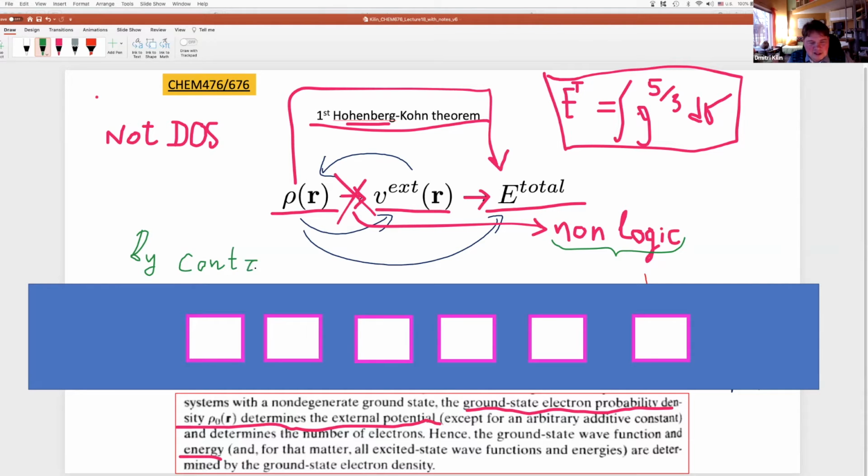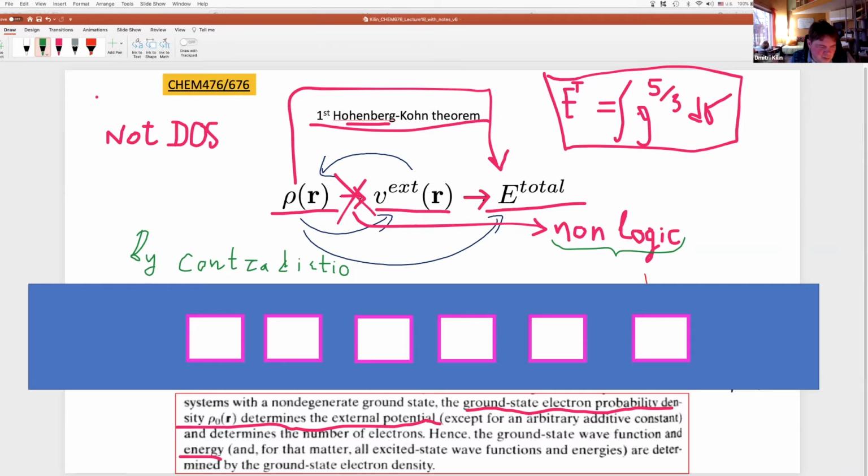But let's take contradiction, and let's find additional synonyms in the language. So: contradiction, non-logical, wrong, stupid.